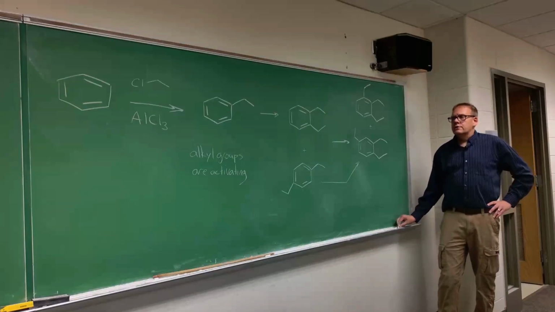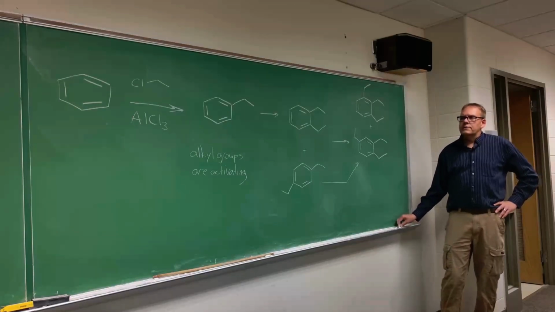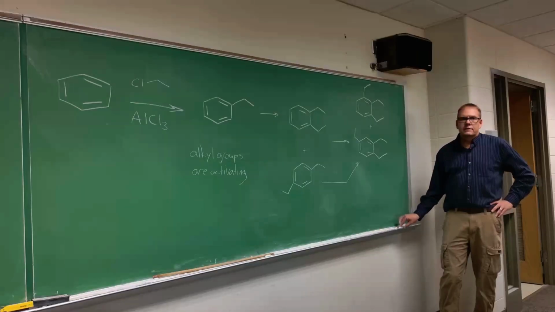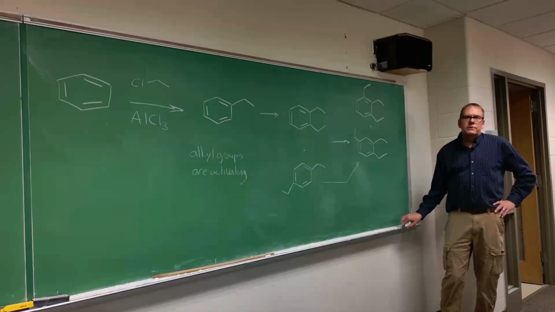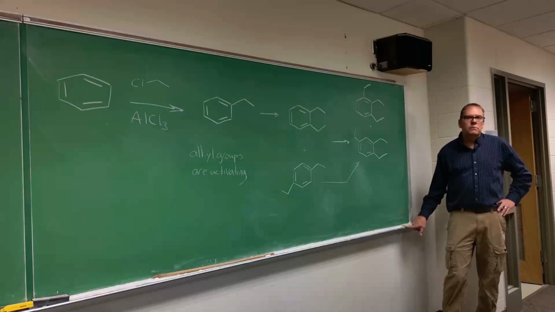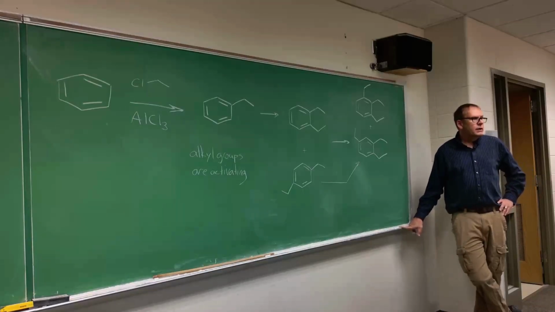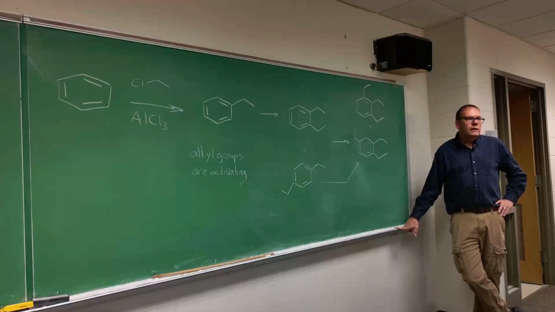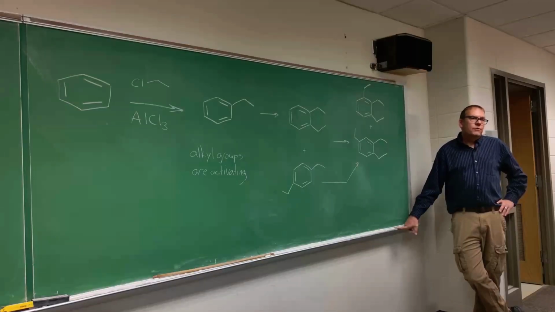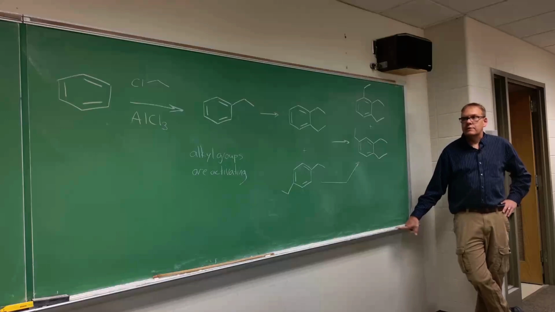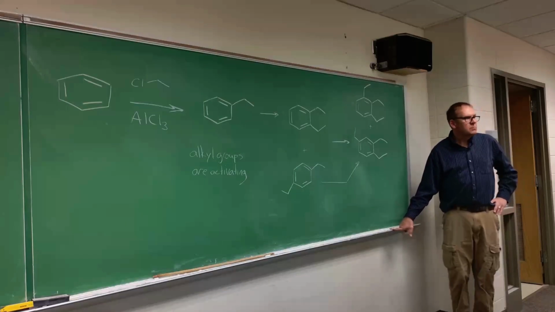Yeah. So the question is how much of this you're going to need to explain on an exam. What I would say is I wouldn't ask you an open-ended question where I would just say, what are all the possible alkylation products? But what I would want to see is the possible monoalkylation products, and there might be a focused question that asks you to predict what all the disubstituted products would be or something like that.